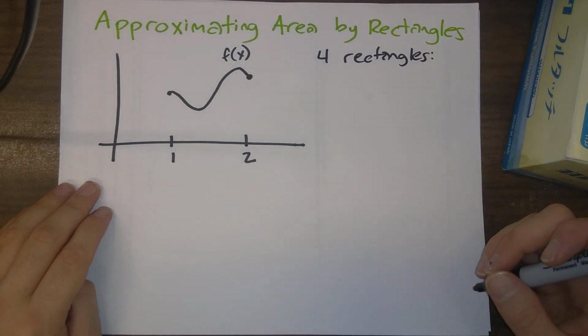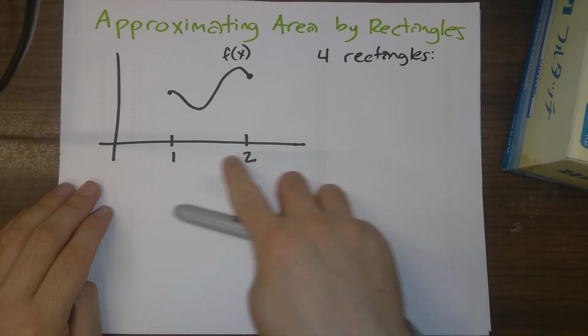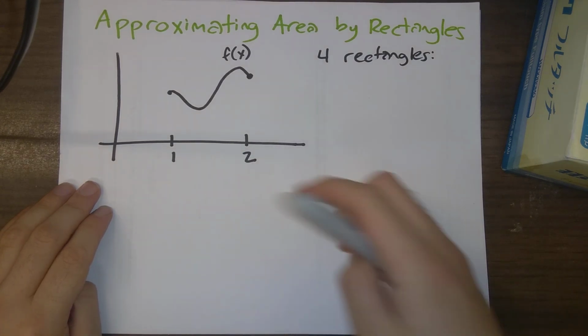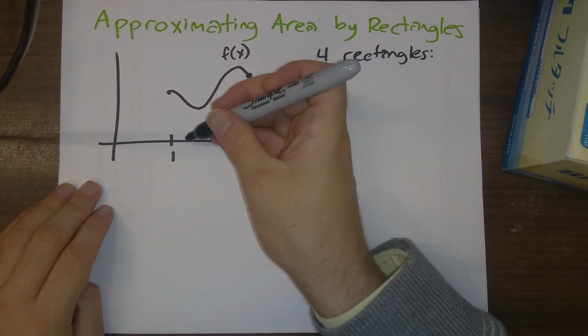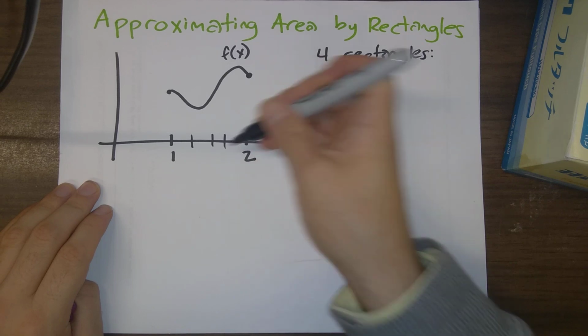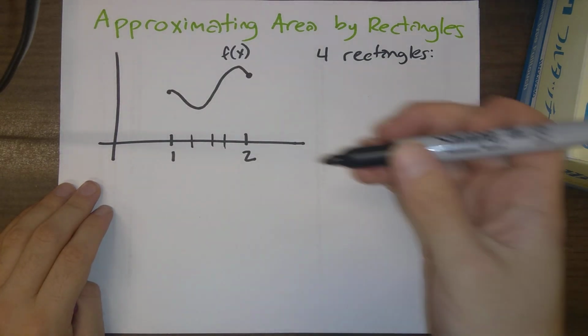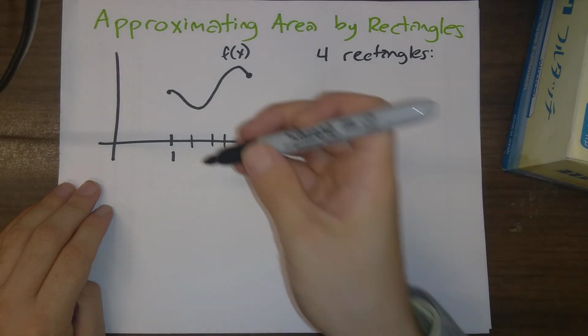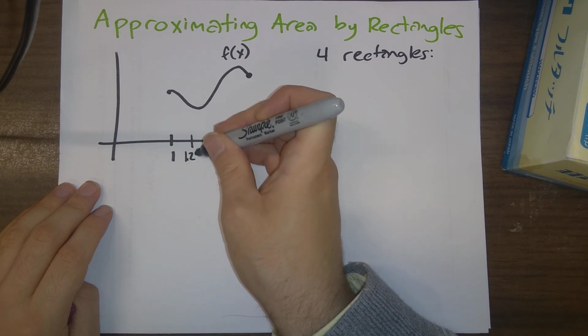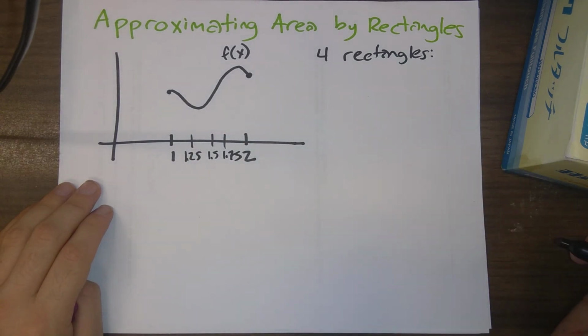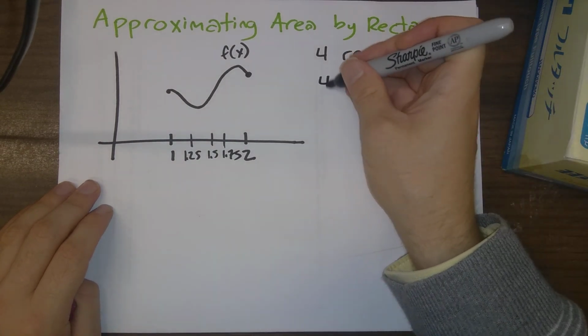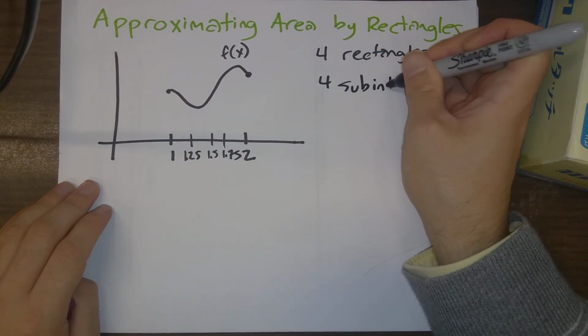What we're going to do is look at the interval from 1 to 2. We want to break the interval up into 4 separate subintervals, and we're going to do this at evenly spaced intervals. So 1, 1.25, 1.5, 1.75, and 2. So we have 4 subintervals.